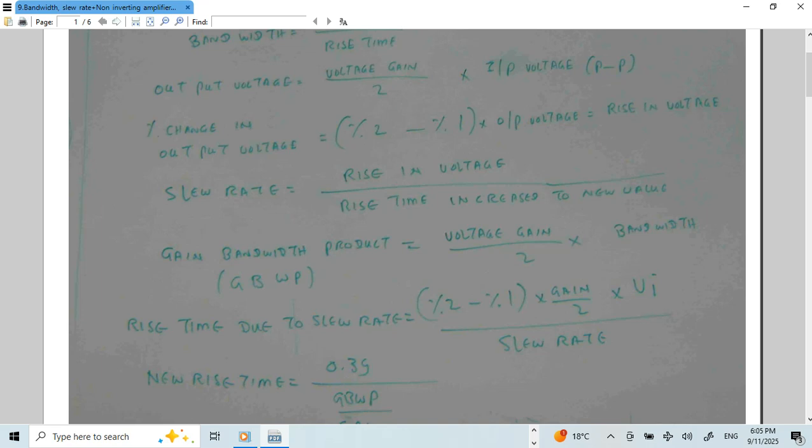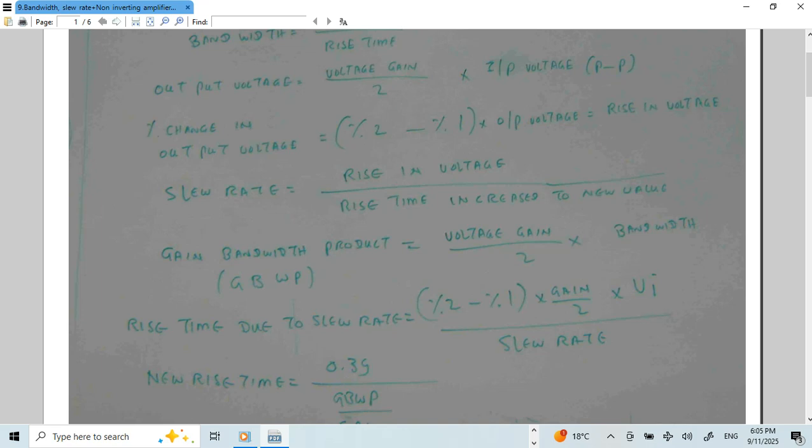It is an equation. And also the new rise time you can calculate. New rise time: the formula is 0.35 divided by GBWP, the gain bandwidth product divided by gain. So those things we can calculate by the equations.